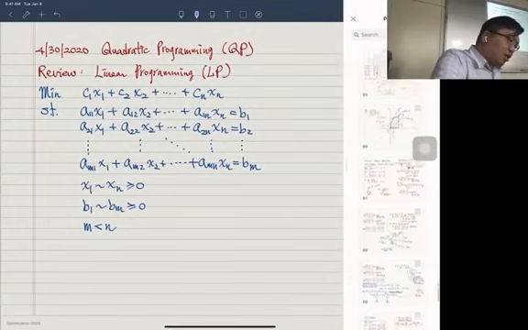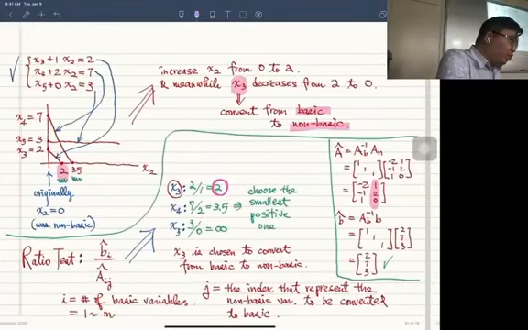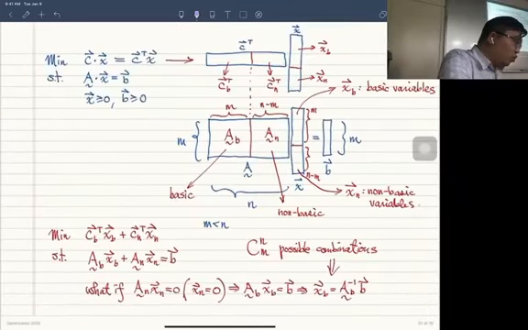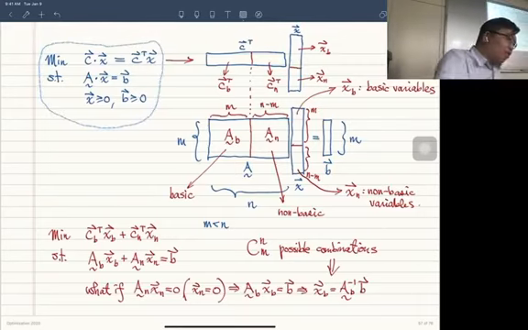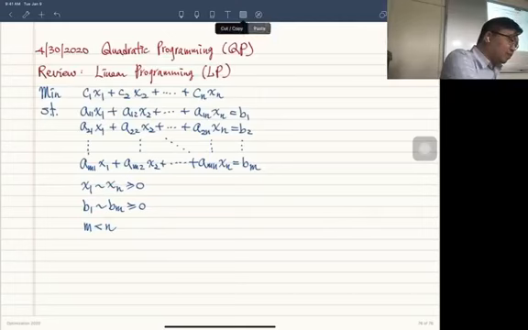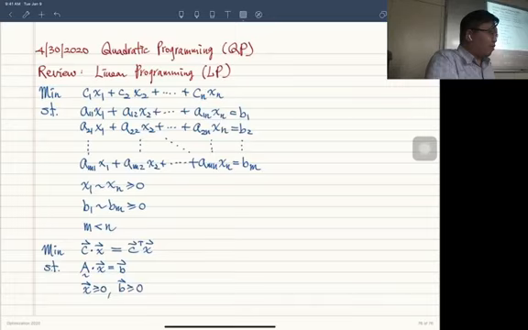And often we rewrite that formulation in a vector form, so your problem becomes a much simpler format if you write it down in a vector form. So this is how you visualize it in a vector format. Okay, and in linear programming, we need to specify some portion of your variables as basic variables, and the others are non-basic.